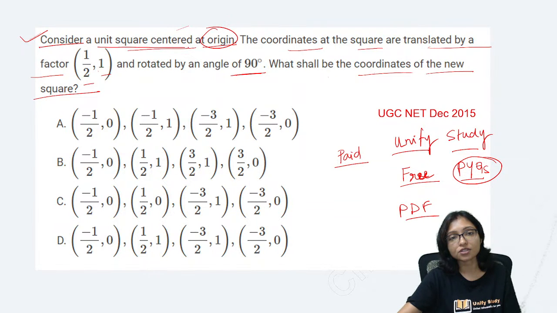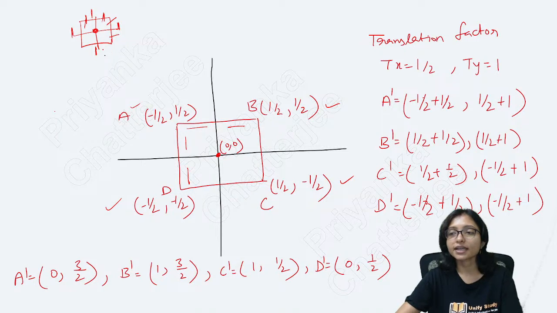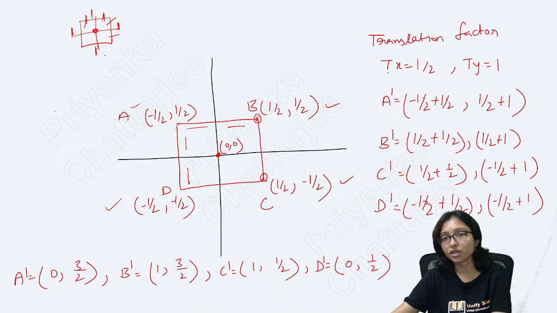Consider the unit square centered at the origin. Unit square means all sides are 1, 1, 1, 1. Now if this is the origin, then this part is half, this is also half, this is also half, this is also half. In that way you will get the coordinates. Okay, these are all the coordinates.